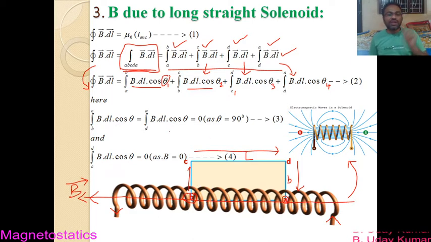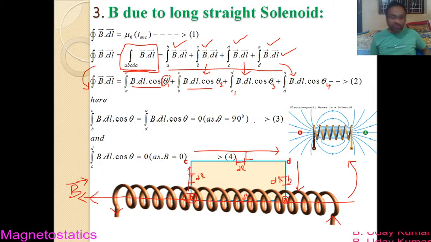So you know dl, right? dl is nothing but the length element that we are choosing along the paths. So for example, along CD I can choose a path here. So this is dl. Even here also I can choose a path which is dl, and here also, and even here also I can choose a path which is dl again.